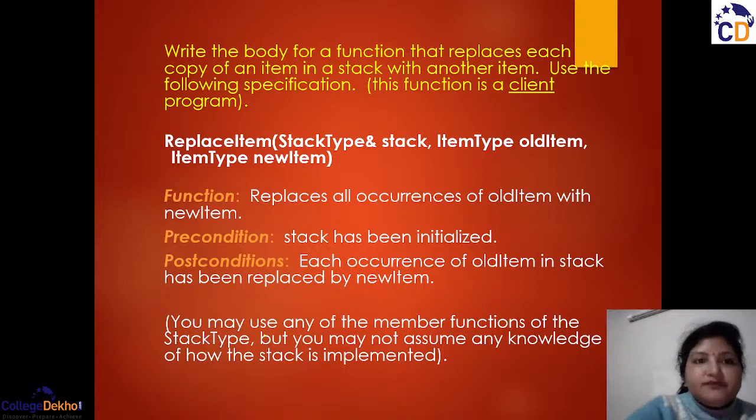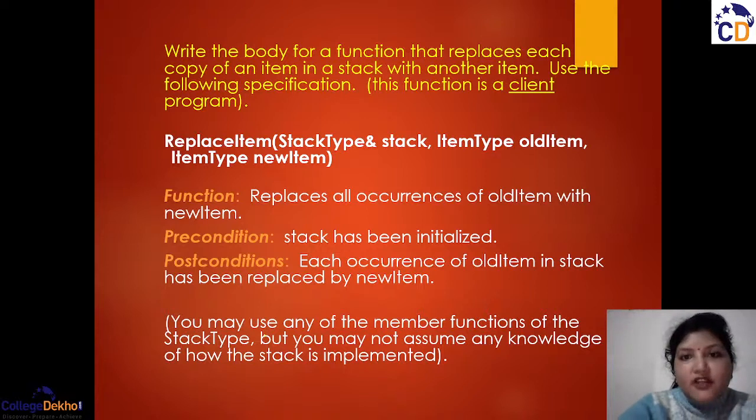Then write the body of a function that replaces each copy of an item in a stack with another item. Use the following specification. This function is a client program. ReplaceItem, StackType. I will be telling you how to write different programs in our data structures, because they may be a complex type of structure.